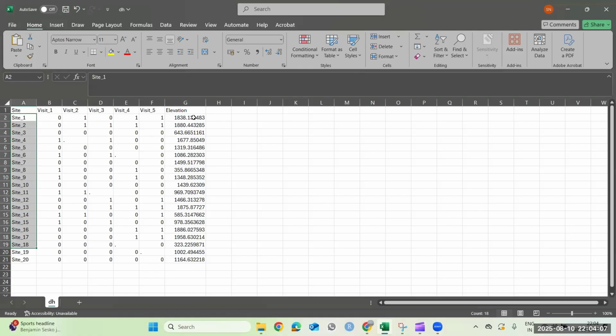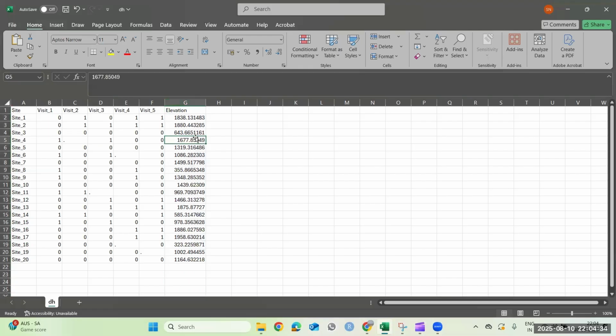We see there's variance in the elevation. So later on, what we can do in our occupancy models is also look at which of the site covariates are affecting our site occupancy, which is the psi value that we will get, and our p value, which is the detection probability.